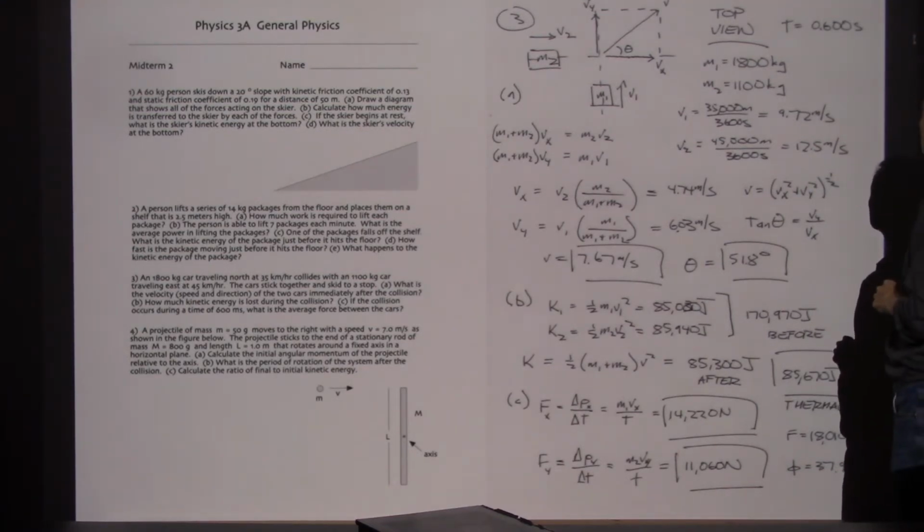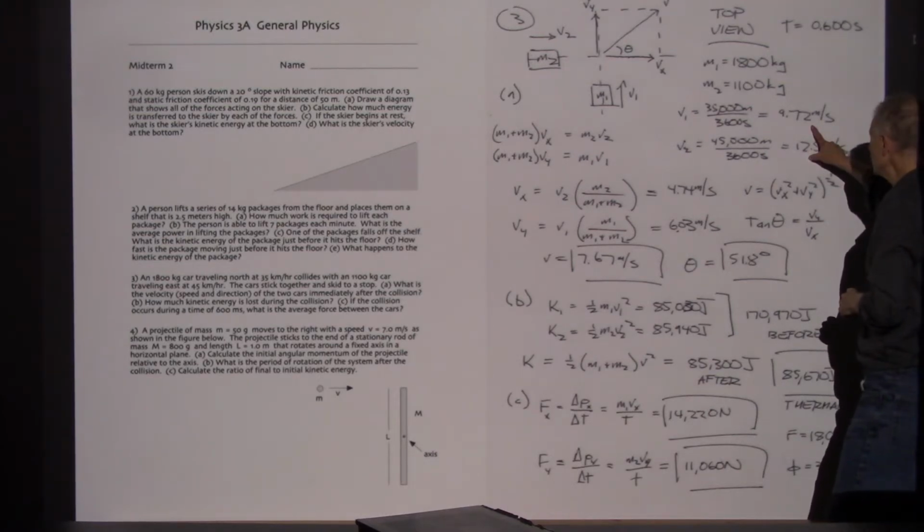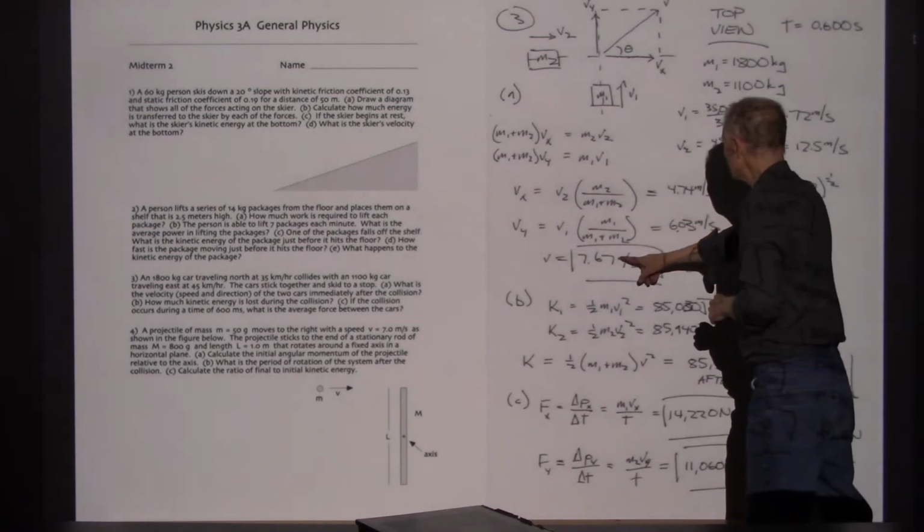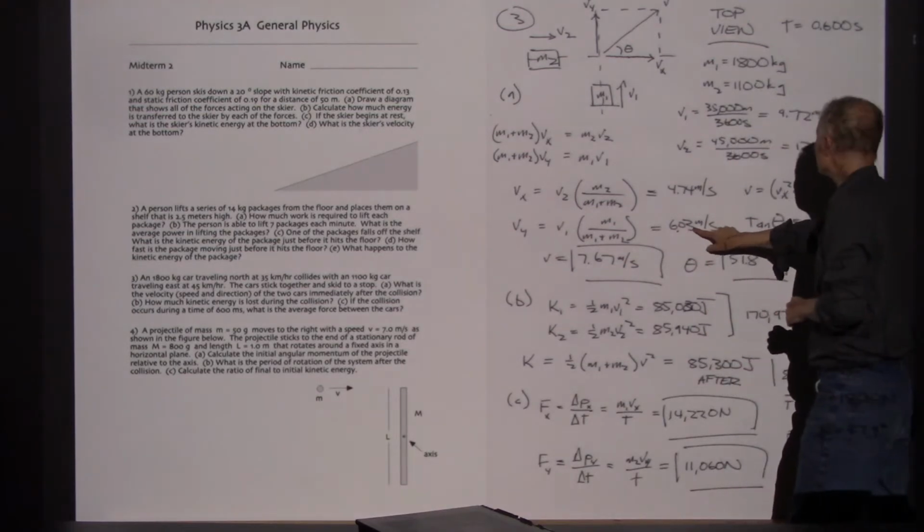Now that one is not reduced nearly as much, right? The 9.72 has been reduced to 6.03.